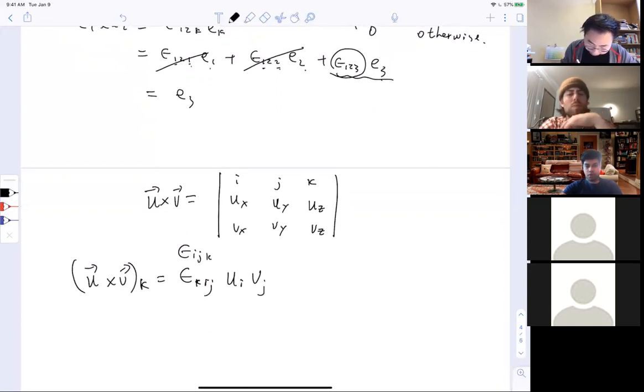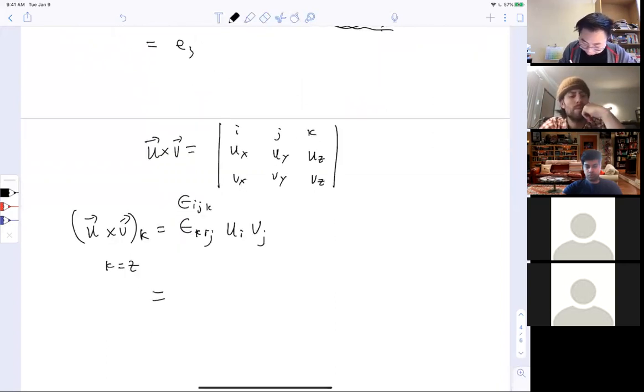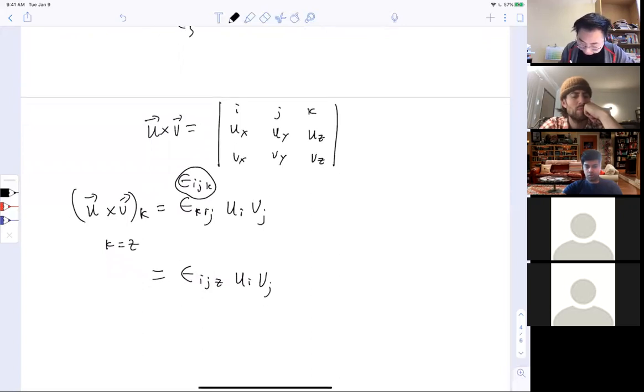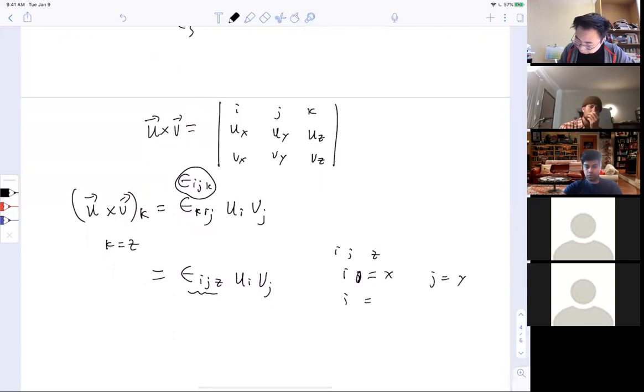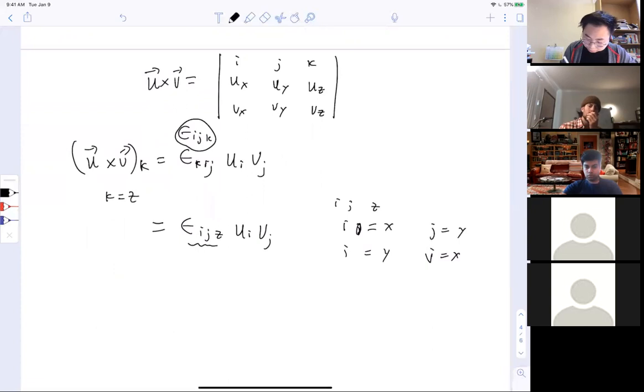So let's say k equals z, the third component of this vector. It is epsilon_ijz u_i v_j. This is non-zero only if i, j, z are different, meaning i equals x, j equals y, or i equals y, j equals x. Otherwise it's 0, according to the definition of the Levi-Civita symbol.